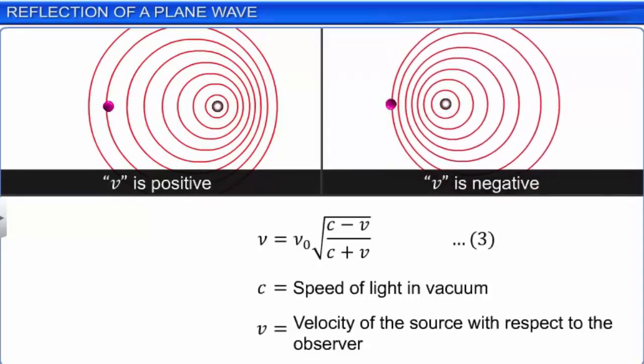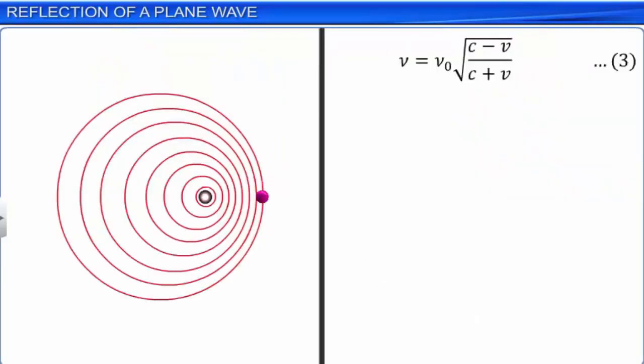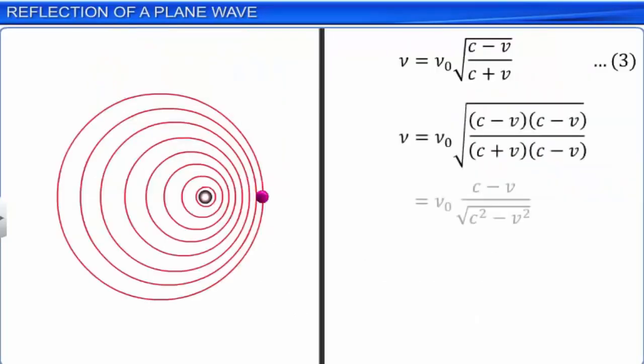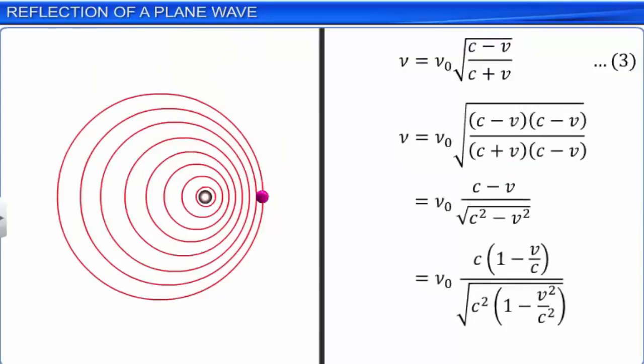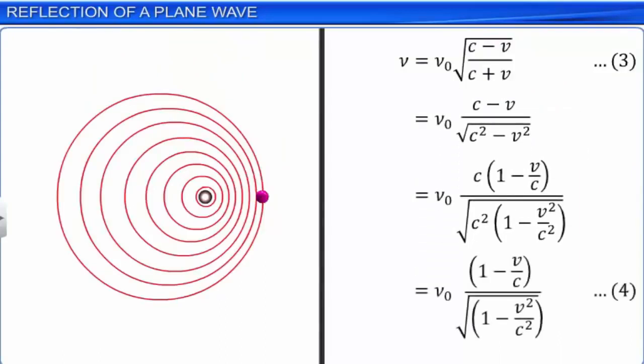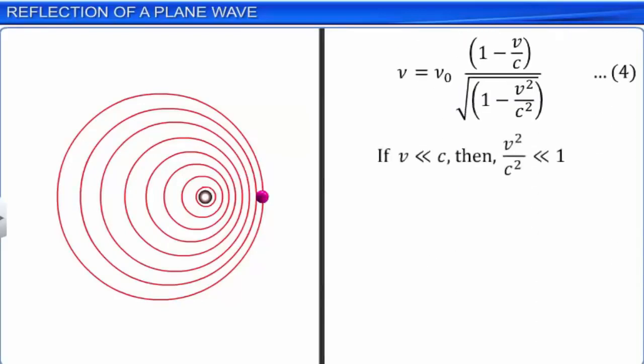Equation 3 can be mathematically manipulated as shown to obtain equation 4. If v is very much less than c, then v²/c² is much smaller than 1 in equation 4, and hence it can be neglected to obtain equation 5, where nu = nu0 (1 - v/c).